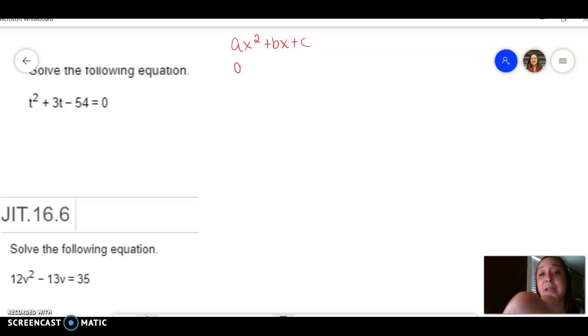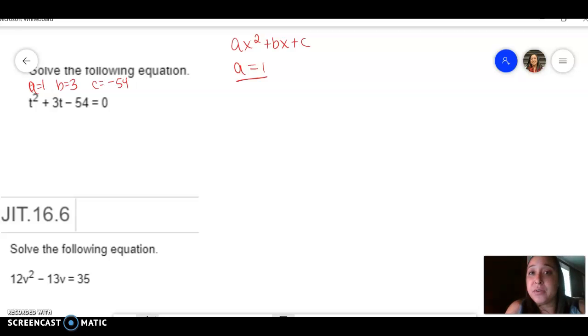Here, a is equal to 1, b is equal to 3, and c is equal to negative 54. If a is equal to 1, factoring is a little bit simpler for us.